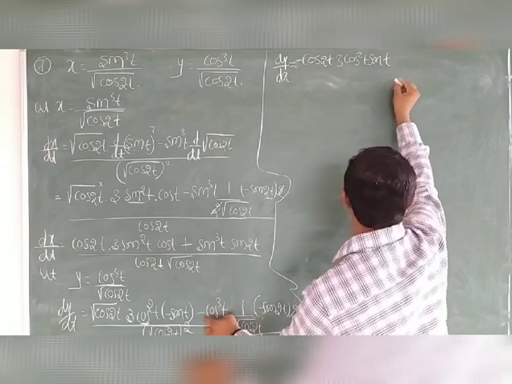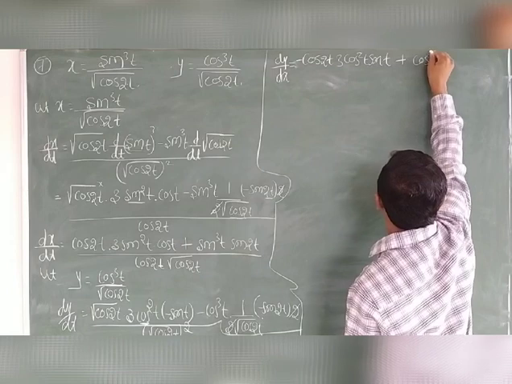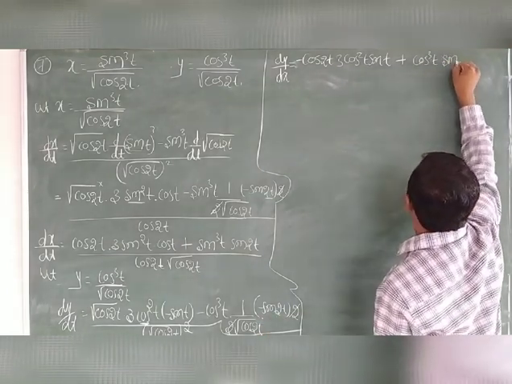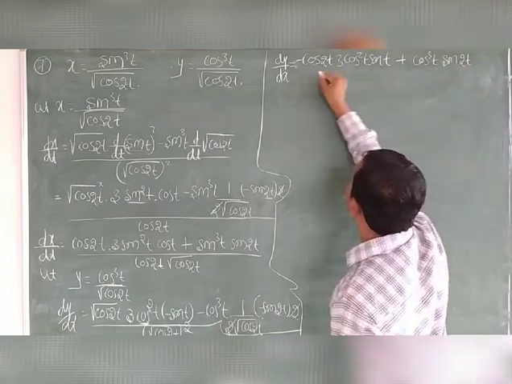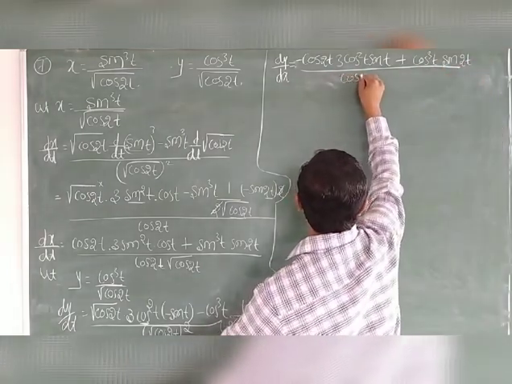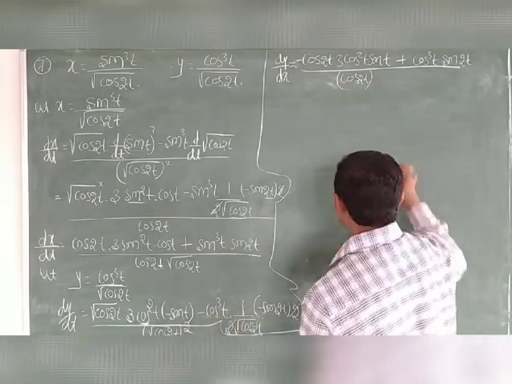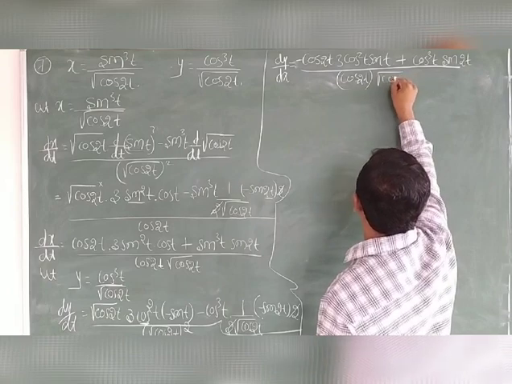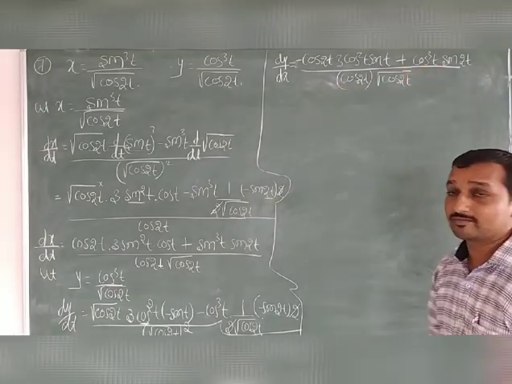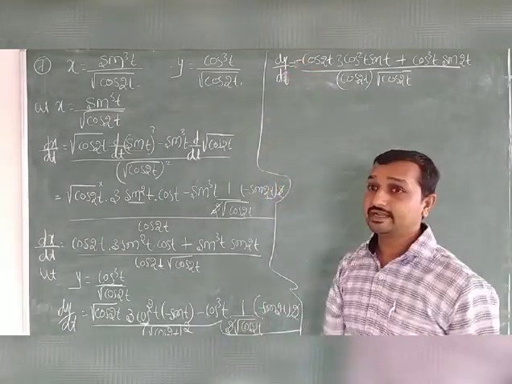This is minus into minus plus cos cube t into sin 2t. Whole divided by square term, which is nothing but cos 2t, and the LCM term becomes the numerator, that is root cos 2t. This is the dy by dt term.